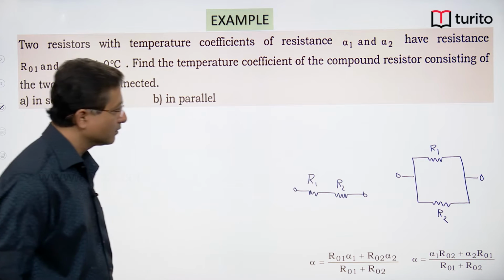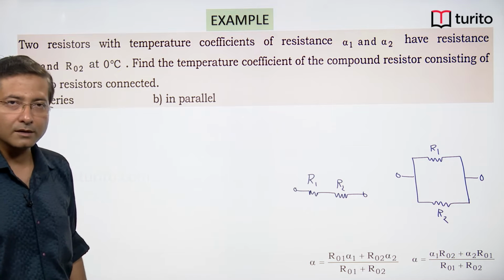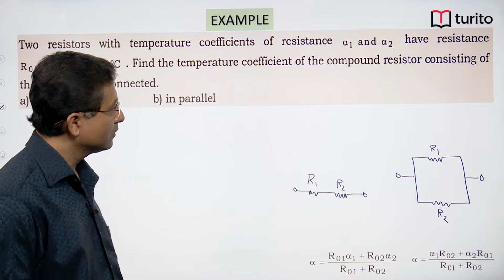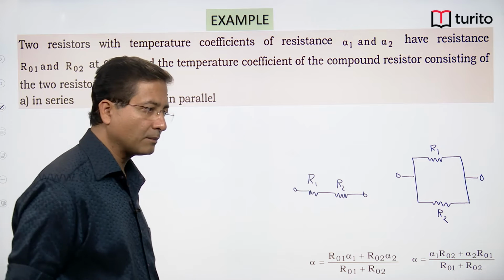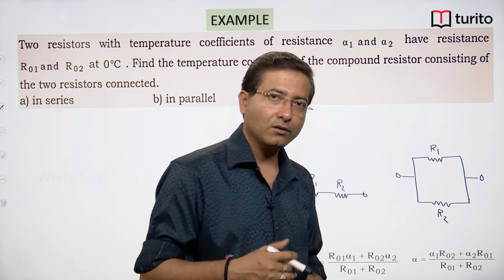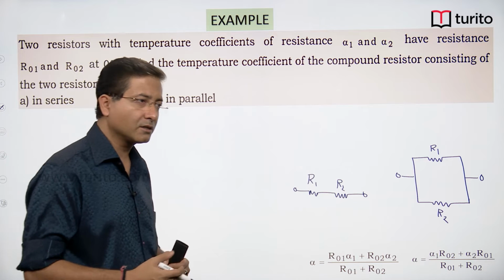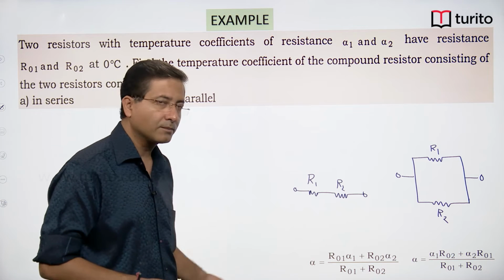So these are the corresponding values of alpha equivalent for the first case and second case, right. So this whole concept is clear. So for the temperature dependence of resistor, resistivity, we can use this concept.